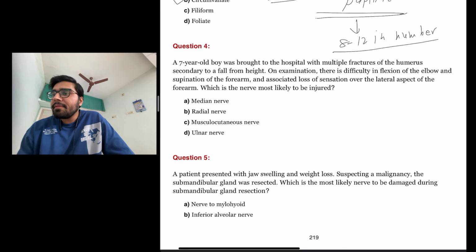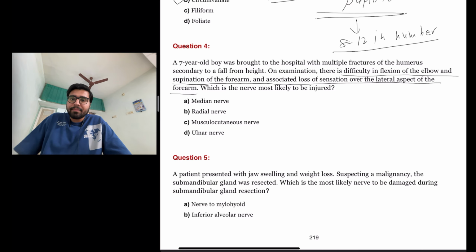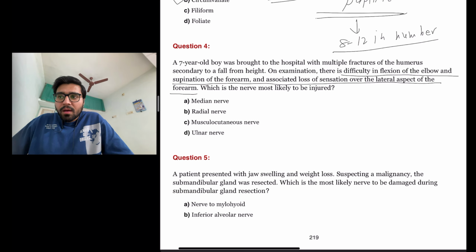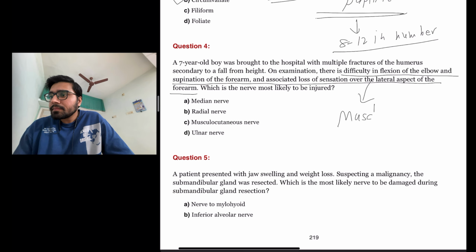So there is difficulty in flexion of the elbow and supination of the forearm as well as associated loss of sensation over the lateral aspect of the forearm. So there is muscle involvement as well as skin involvement.